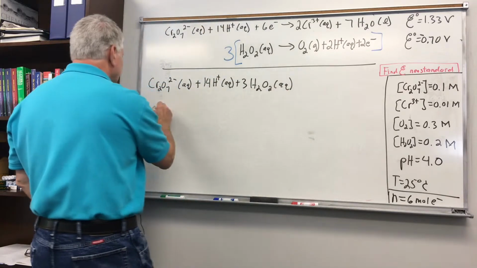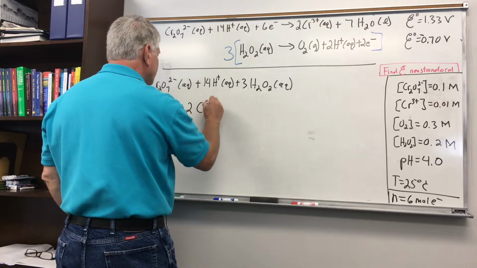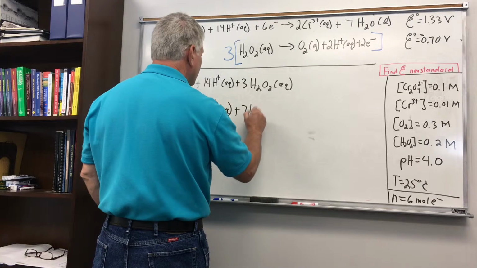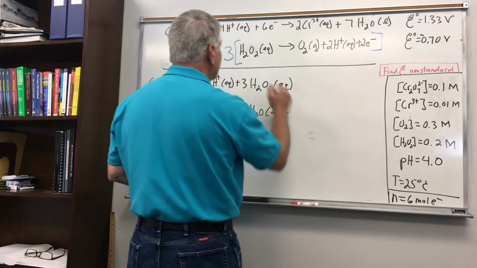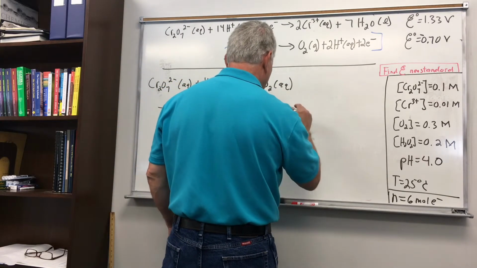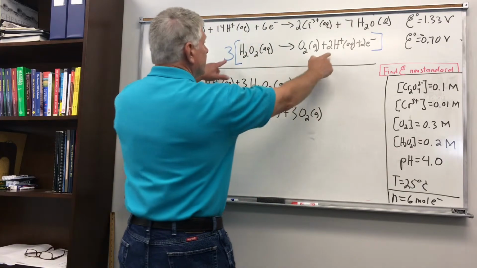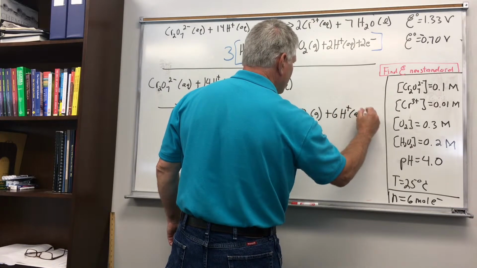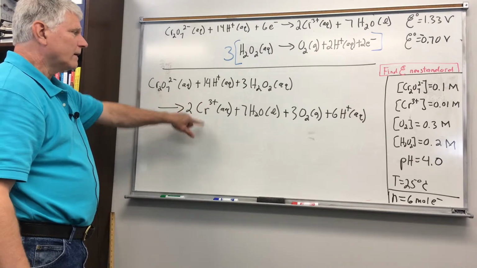And that will give me 2 chromium 3 pluses, 7 waters, and 3 oxygens, and 6 H pluses. The electrons have canceled. So that's my balanced redox reaction.